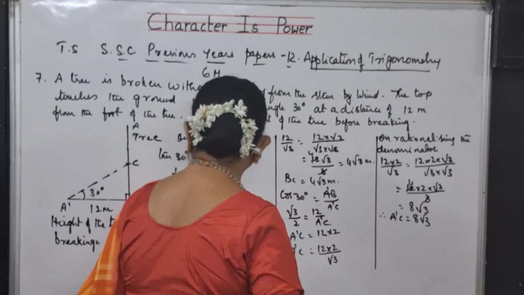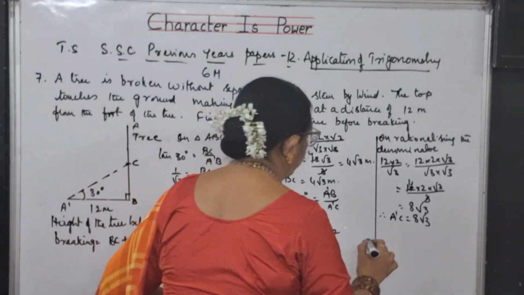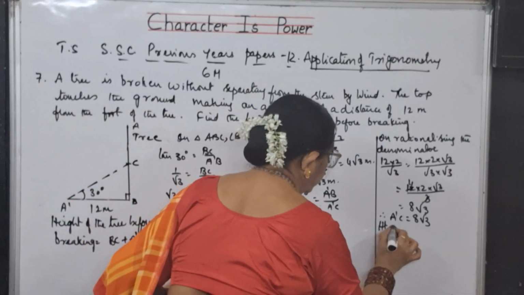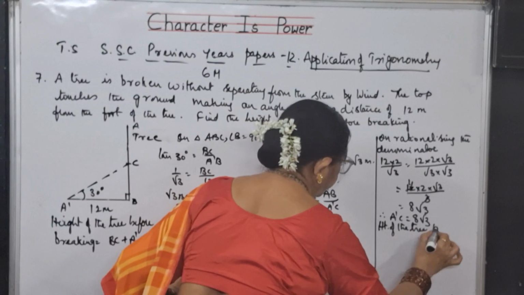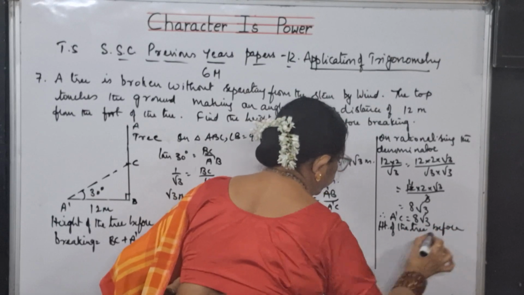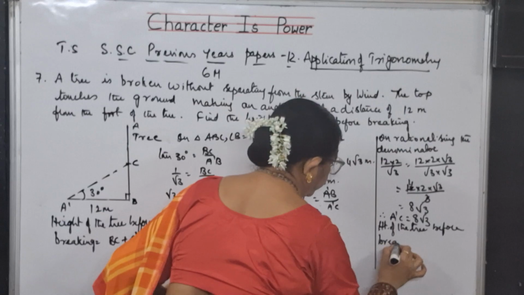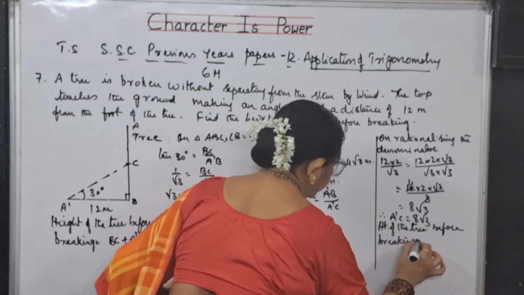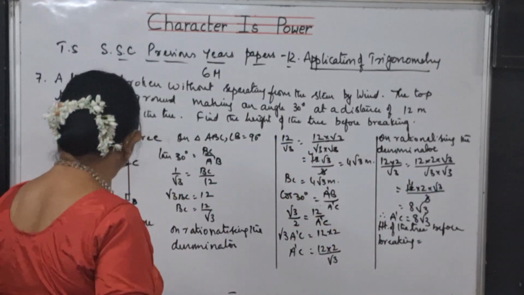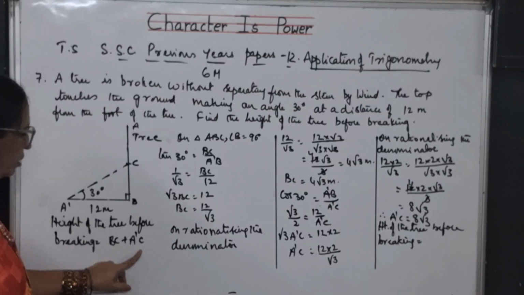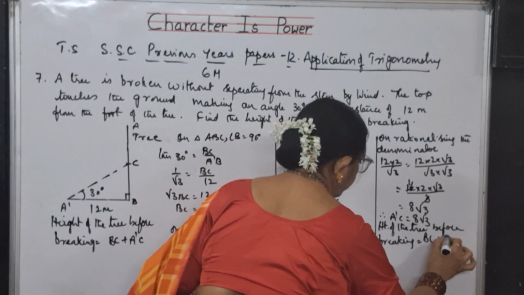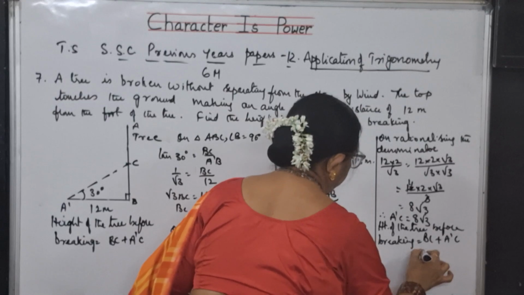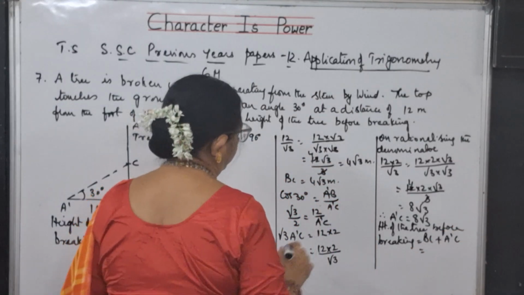So what we need is the height of the tree before breaking, is equal to, what did we say here? We said BC plus A dash C. That is equal to, what is BC?